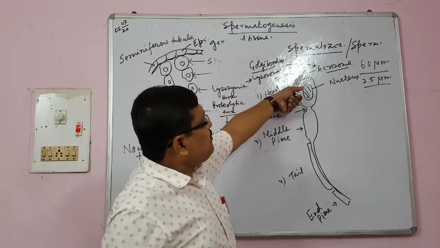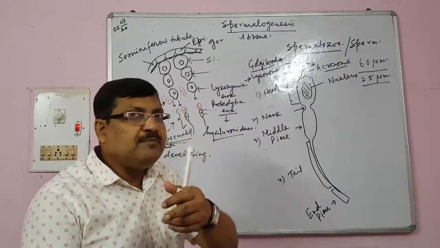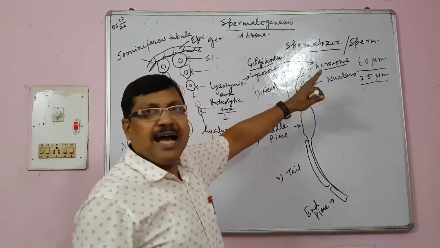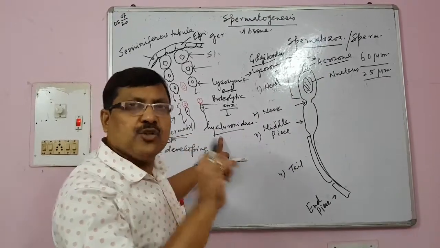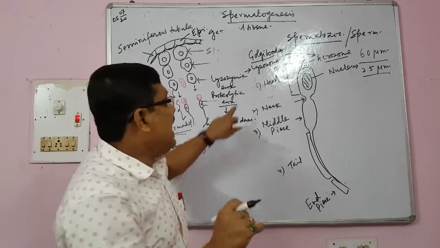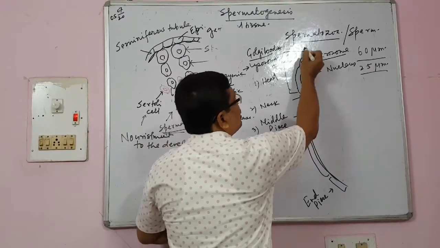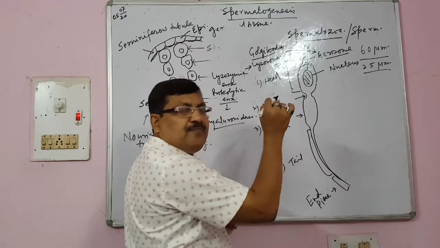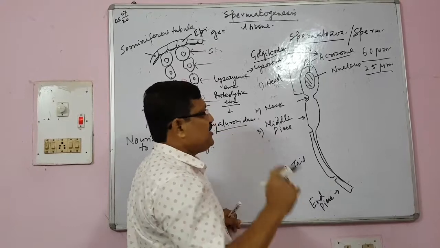As soon as this tip touches the germ pore of the ovum, it will burst and this hyaluronidase enzyme will dissolve the germ pore, and then the nucleus of the sperm will enter into the ovum for fertilization.